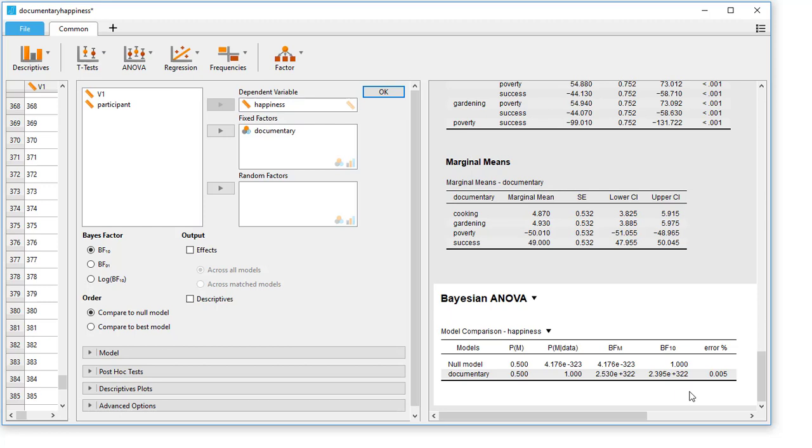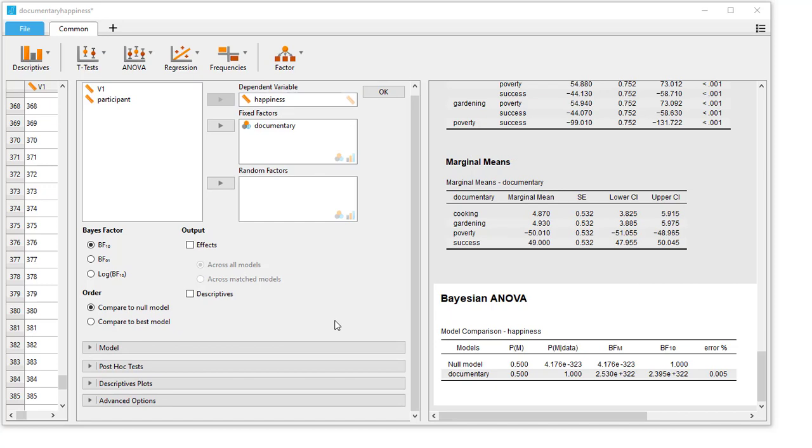So basically, technically the null model is a model with a spike at 0 for all the betas that I showed in the formula, which is: we have beta 0 for cooking, beta 1 for the extra value of success over cooking, then beta 2 for the extra value of gardening over cooking, and beta 3 for the extra value of poverty over cooking.